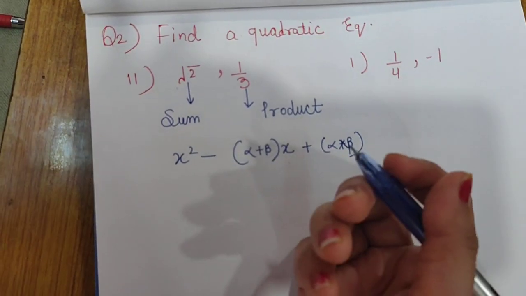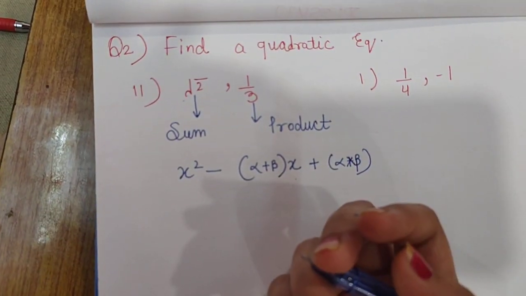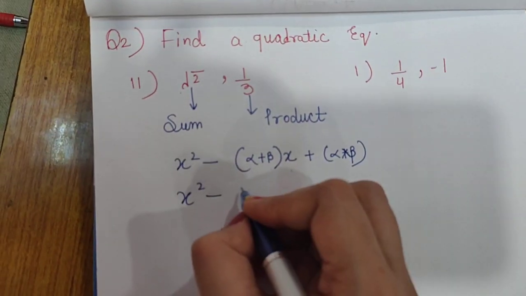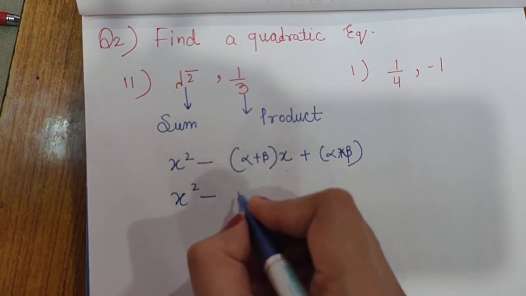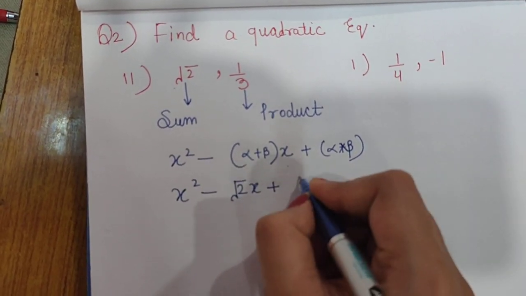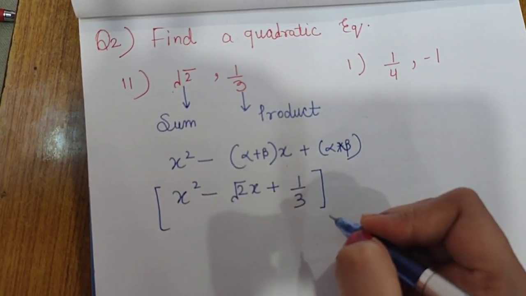So we have to put the values only because they have already given the sum and product of the zeros. We don't have to do anything. So x square minus, put the sum of the zeros value, that is root 2 x, plus 1 by 3. So this is the quadratic equation.